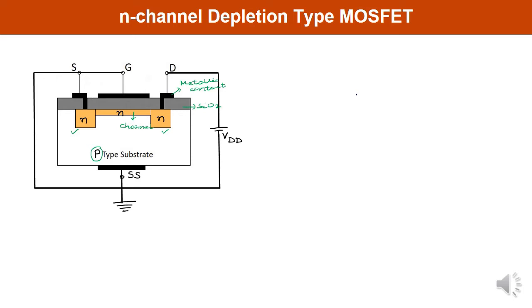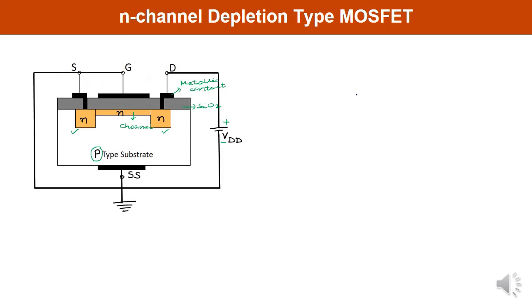Here you can see VDD is connected in such a manner that positive potential is applied at the drain terminal. Now you have to understand its working under three different conditions: when VGS is 0, negative and positive.